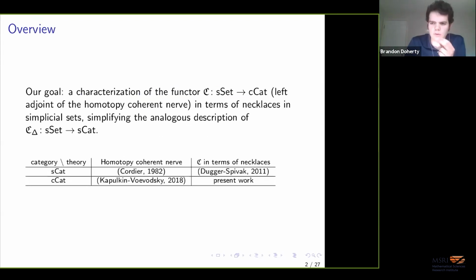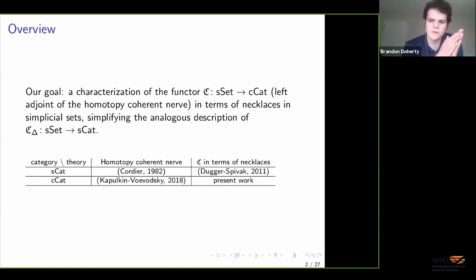So the goal of this project that I've been working on is to obtain a characterization of the left adjoint functor of the homotopy coherent nerve, which I'll be writing as Gothic C from simplicial sets to cubical categories, in terms of necklaces in a simplicial set.